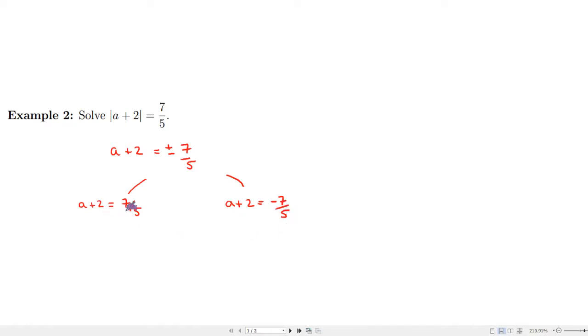Okay, so we're practically there. Let's just isolate the a. So how do we do that? Well, we're going to subtract 2 from both sides, and we'll get our a, right? So 7 over 5 minus 2. You remember, you know how to do this by hand, right? So 7 over 5 minus 2, you would find a common denominator.